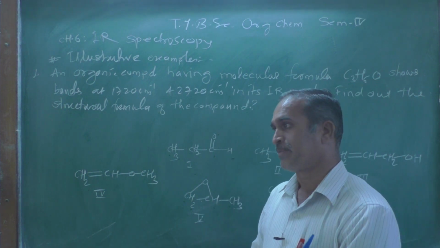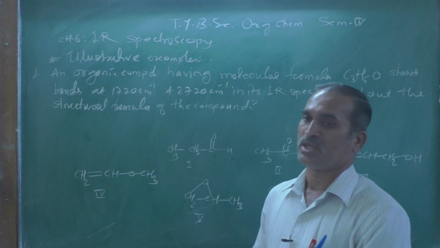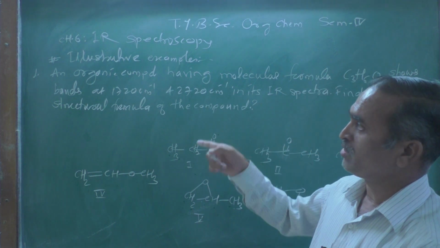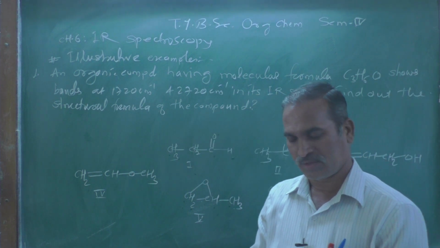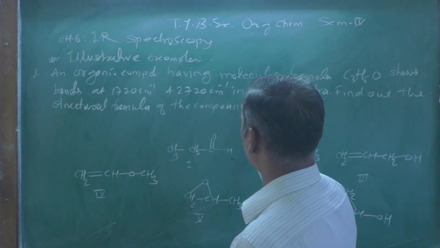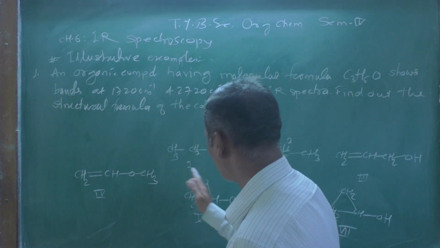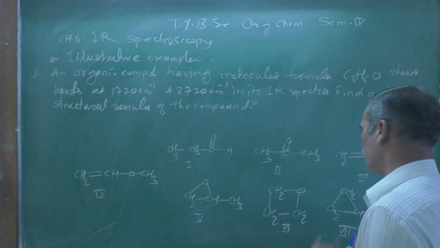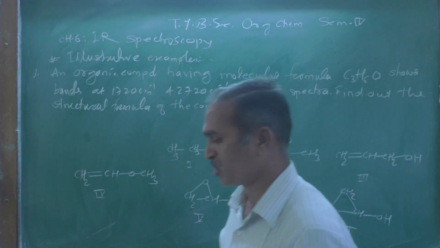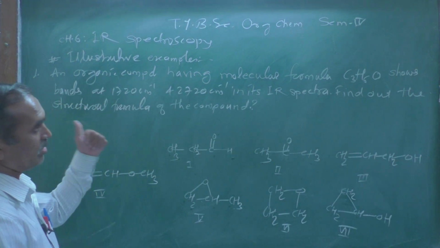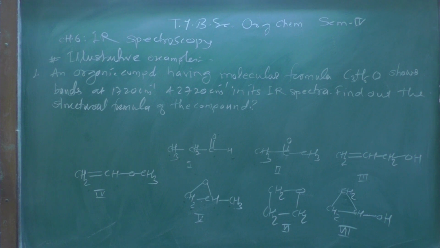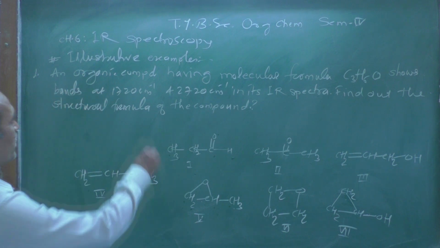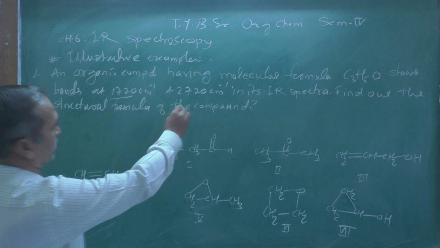Out of these 7 structures, which one will be the correct structure? So look at here, from this, which one will show you the correct structure of that organic compound? We cannot decide, but here we know that there is a band, right? 1720 per centimeter.